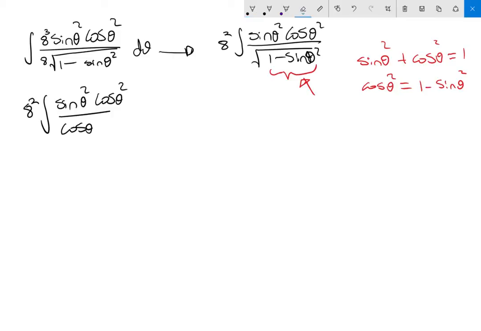Sorry guys, that's my bad, this is not supposed to be squared, and this also is not supposed to be squared. So if you go back, those cancel out with respect to d theta. Okay, now we are left with 8 squared sine theta squared.